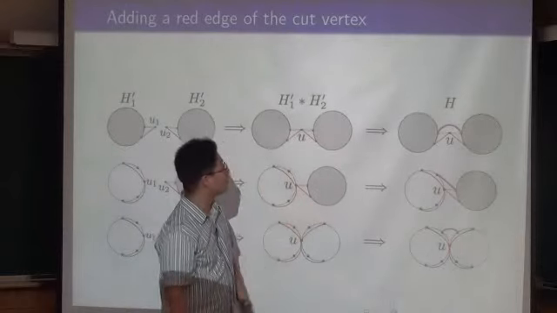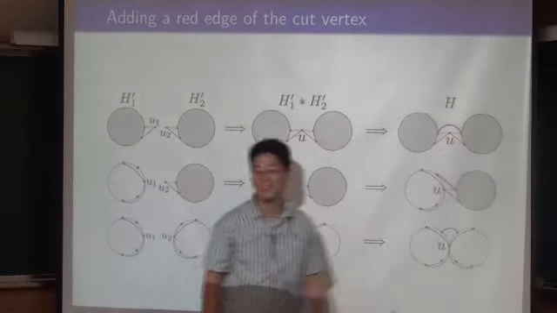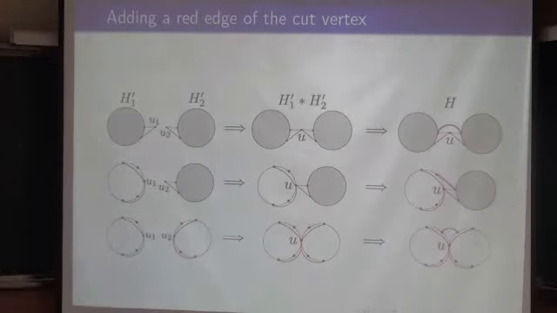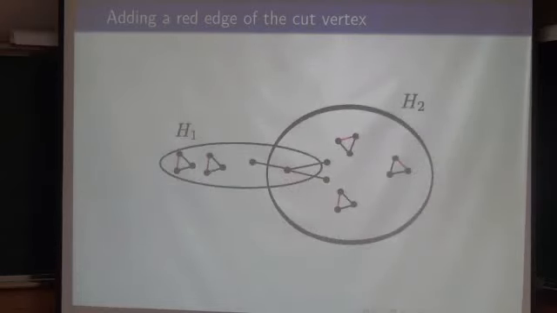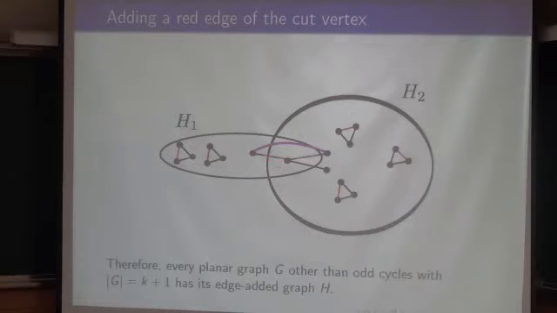So we can draw the red edge of this cut vertex in the upper side, like this. Hence, what we showed was the following. For the cut vertex, if there is a red edge from H1, H2, then that is good. But if there is no red edge of the cut vertex, we can draw the red edge of the cut vertex.